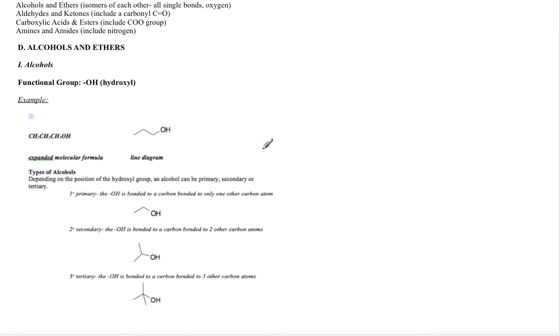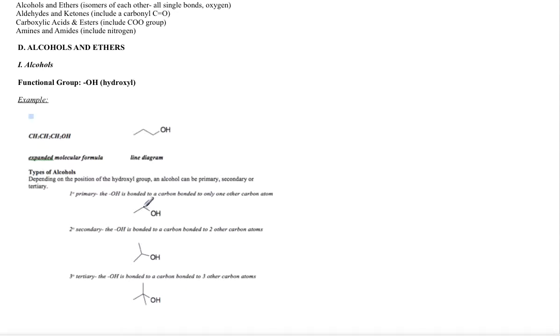So alcohols have a hydroxyl or an OH group as their functional group. And the location of the OH will help us to identify whether an alcohol is a primary, secondary, or tertiary alcohol. So to identify whether it's primary, secondary, or tertiary, what we do is we look at the carbon that is holding the OH, right? So there's no carbon in between. This O is attached to this carbon.